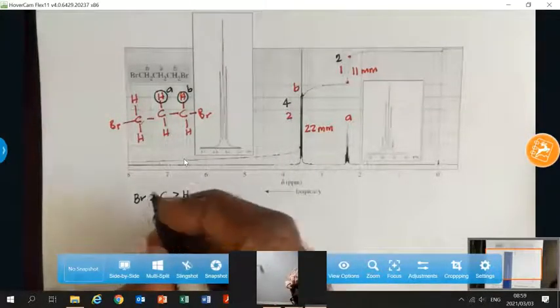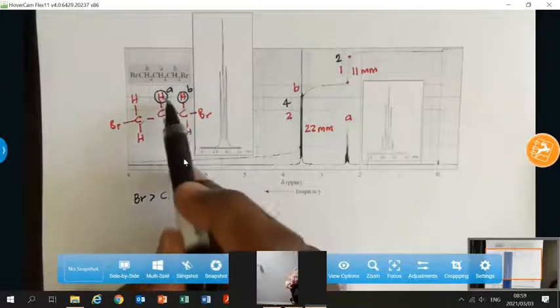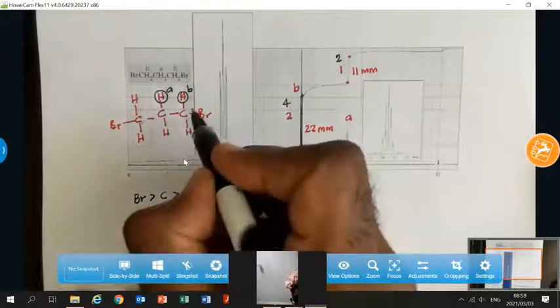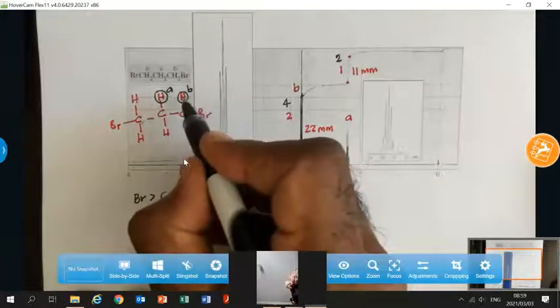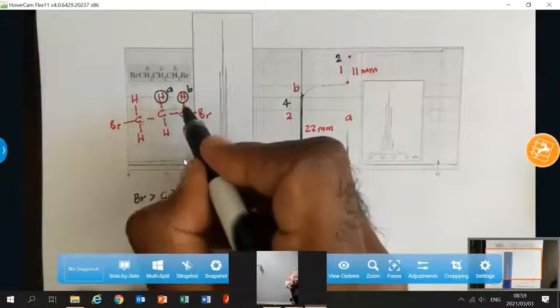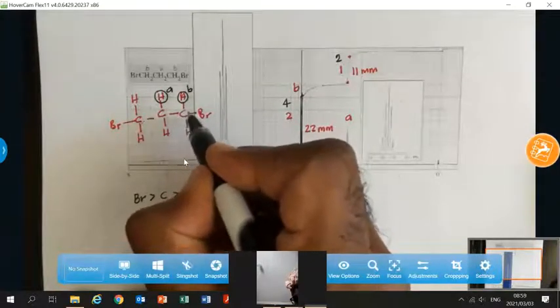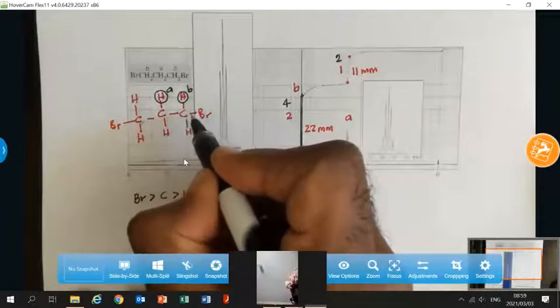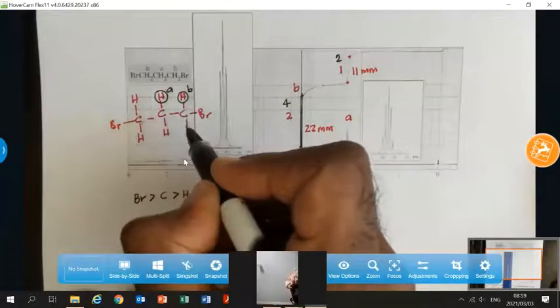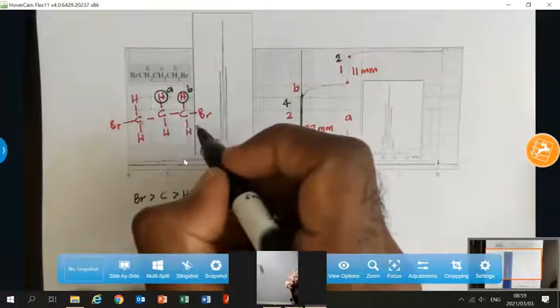Now this bromine that you saw first for A was 3 bonds away. But look at what happens when I look at the proton labeled B. 1 bond away, I have a carbon, right? And there's nothing else 1 bond away. In most hydrogens, you'll only have one bond away to something, because there's only 1 bond that can be formed with hydrogen.